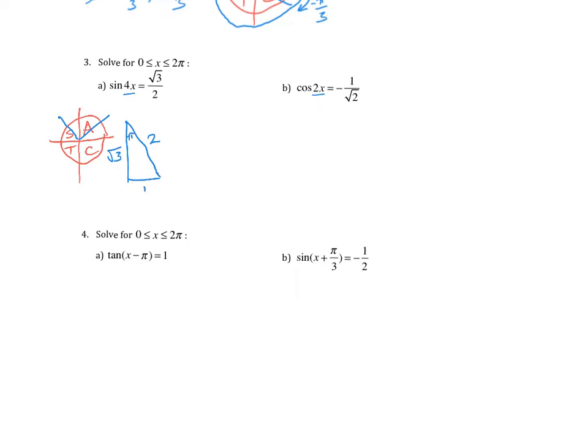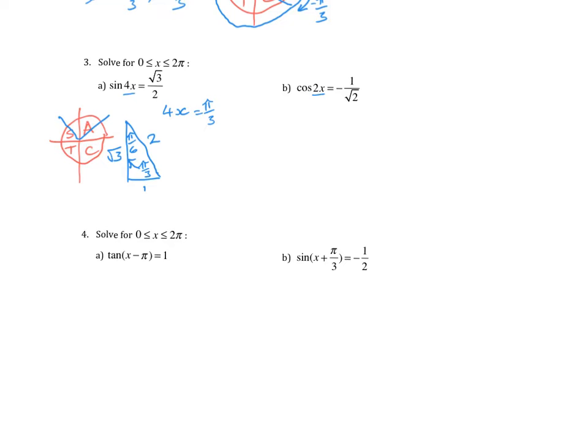And they're my angles, pi on 6, pi on 3. So sine is opposite, so opposite root 3 is pi on 3. So therefore, the acute version of 4x, the angle 4x, is pi on 3.